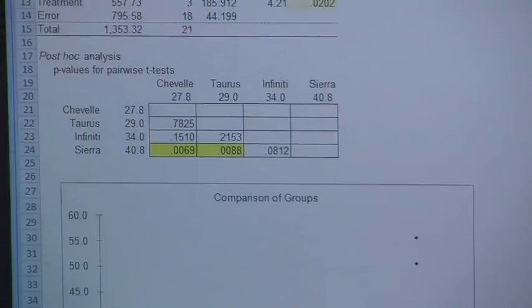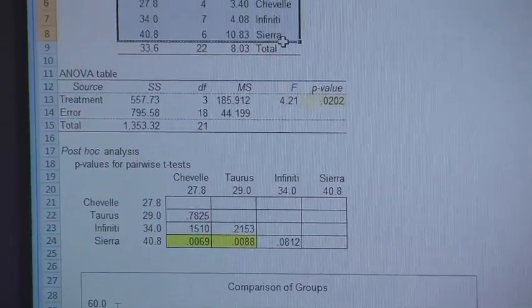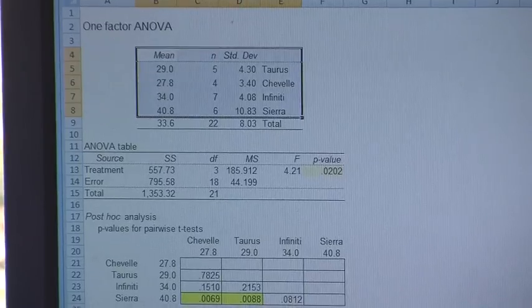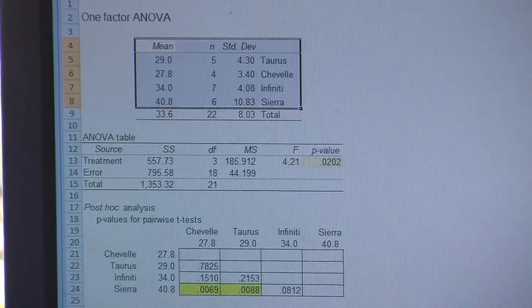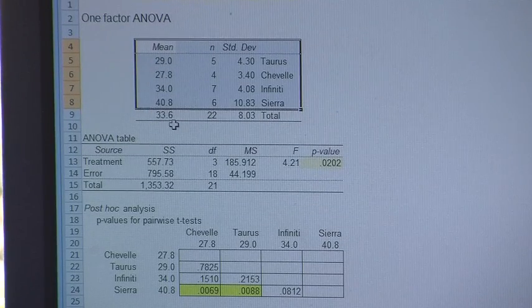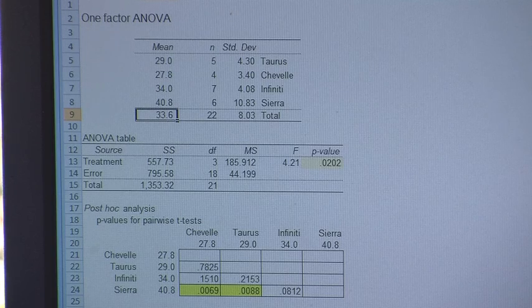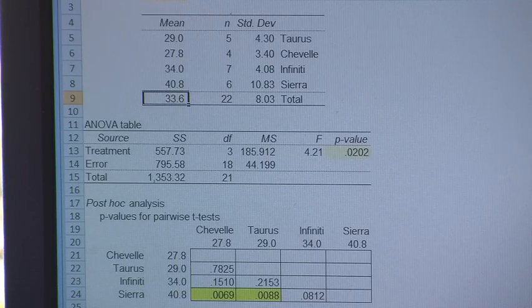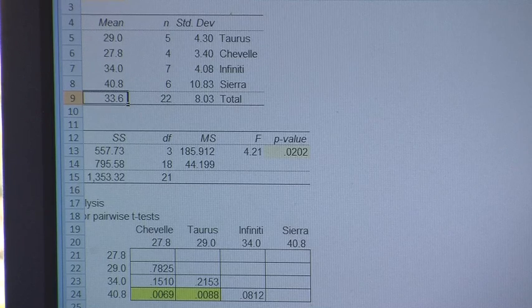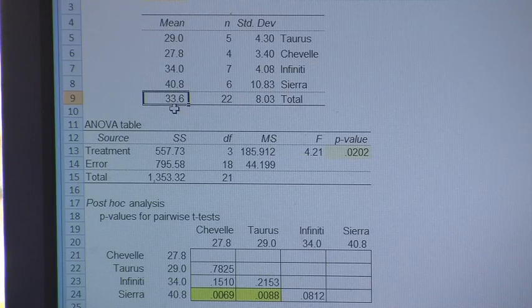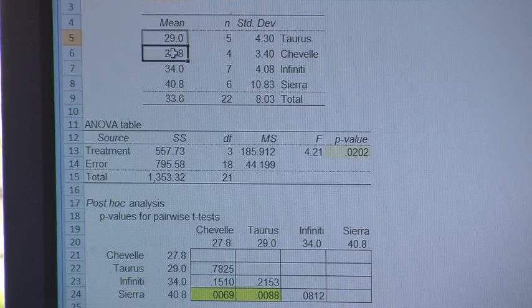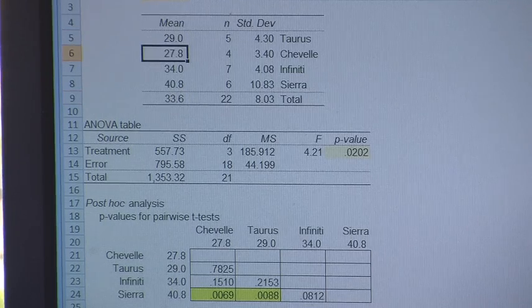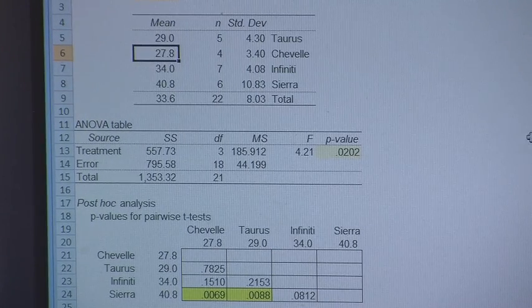And here are our results. Here are our descriptive statistics for each of the cars in our sample, as well as this 33.6. So 33.6 is our grand mean, and then the 29, 27.8, and so forth, those are our group means.